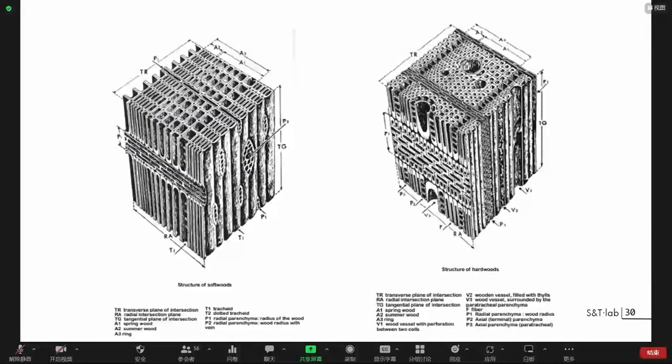Going into more detail, you can see that there are a series of tubes that are assembled. This corresponds to one annual ring of timber.